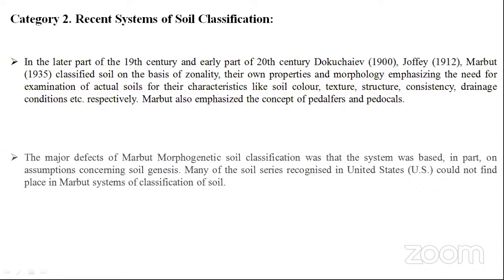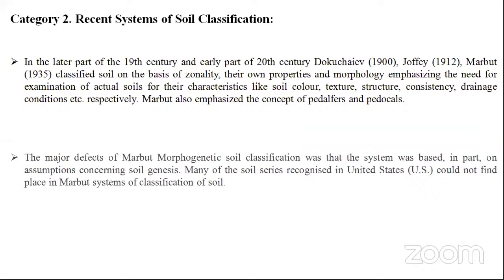But later on, students, some changes happened. The early system was for those times. In the 1900s, Dokuchaev and Marbut, these people came across in the 19th and early 20th century. They gave the genetic concept.